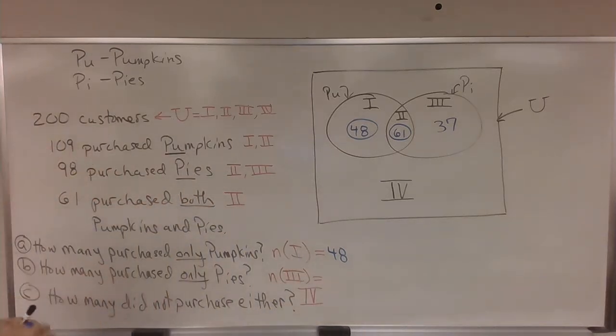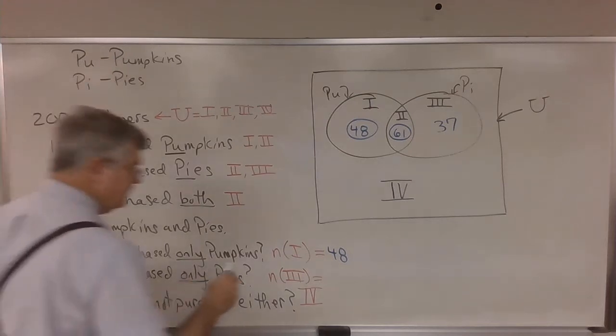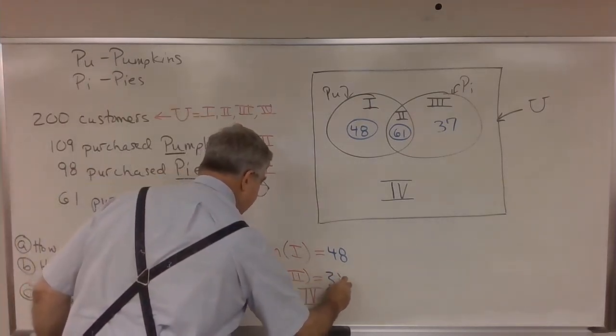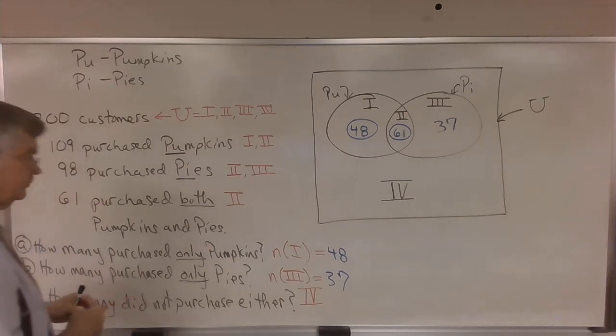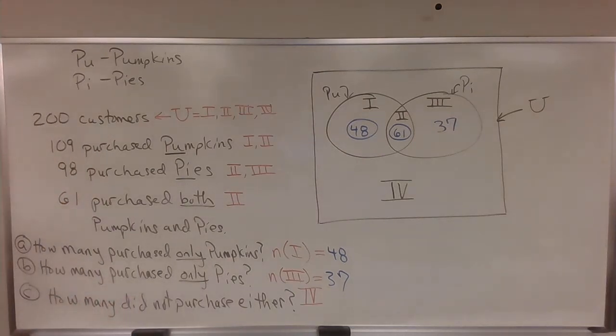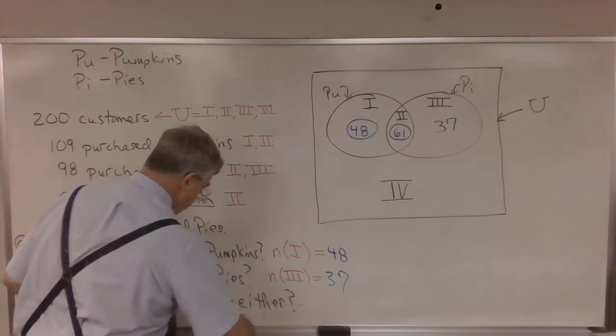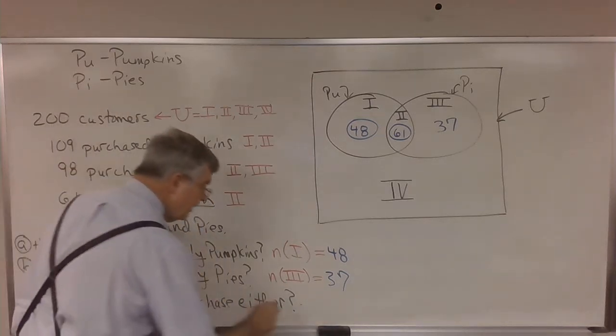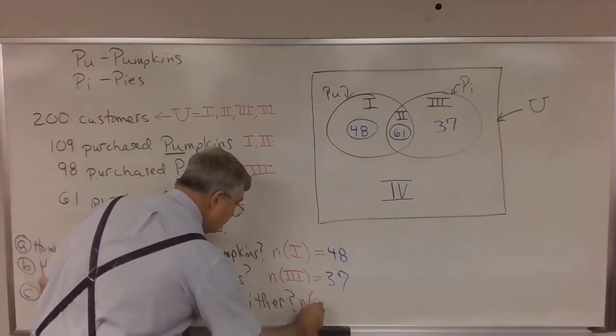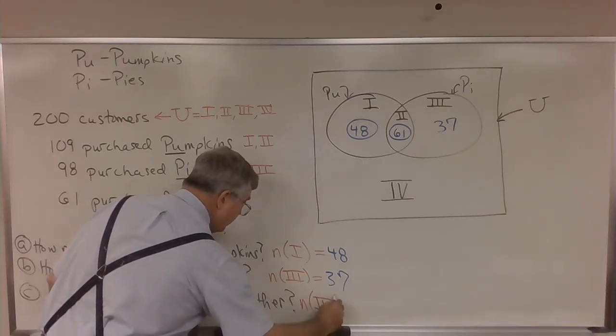And we found that to be 37. Oh, goodness gracious. How many did not purchase either pumpkins or pies? And that's the number of people in region 4.